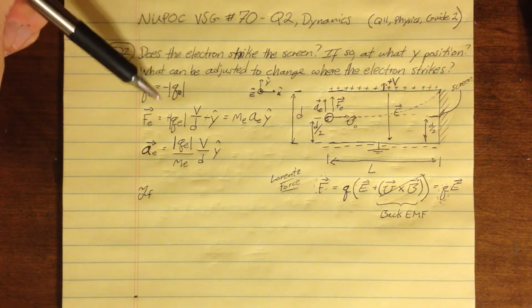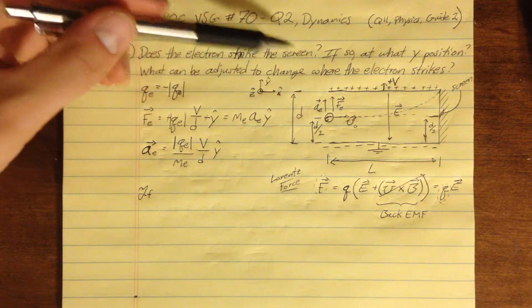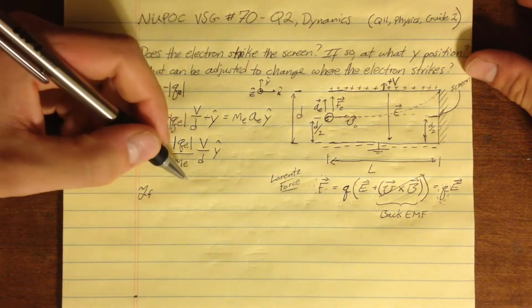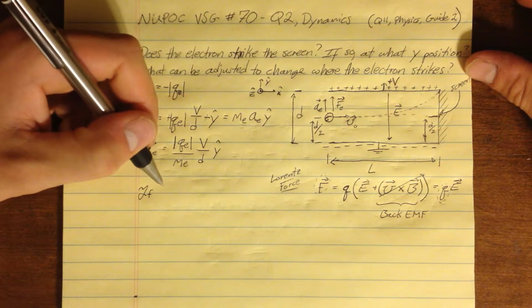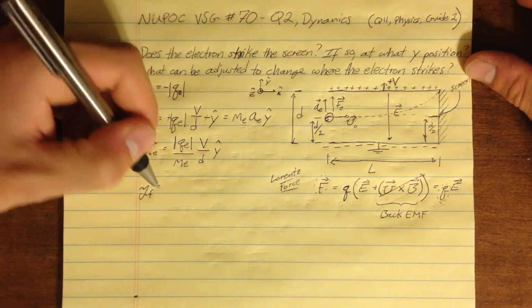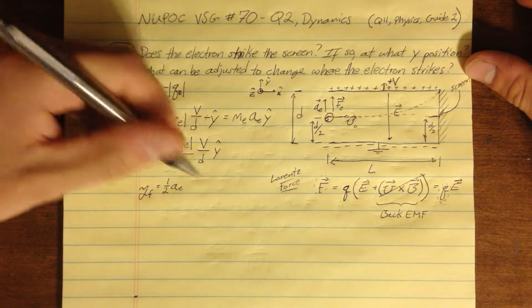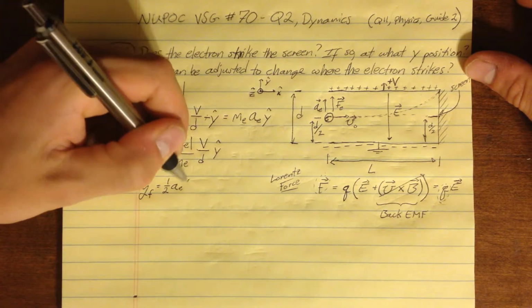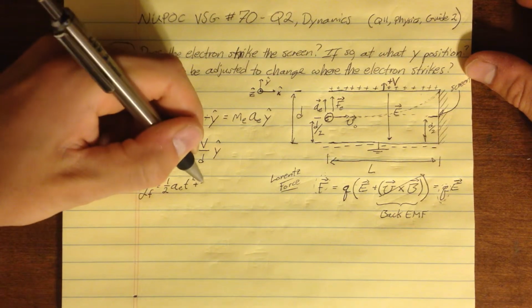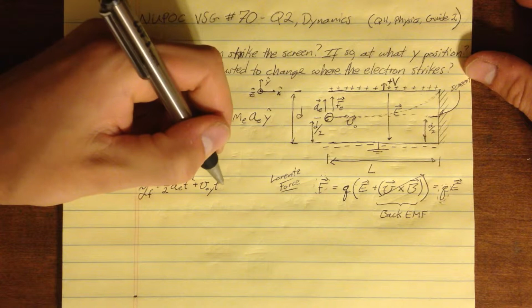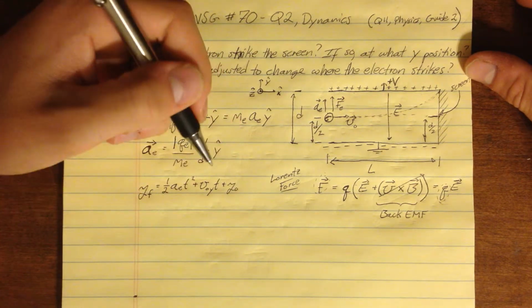So when I say AE is acting in the positive y hat direction, I mean it's acting in the upward direction from our perspective here. So y final, which is the final y position of the electron, equals one half the acceleration of the electron times t squared plus v0y of the electron times t plus y0.